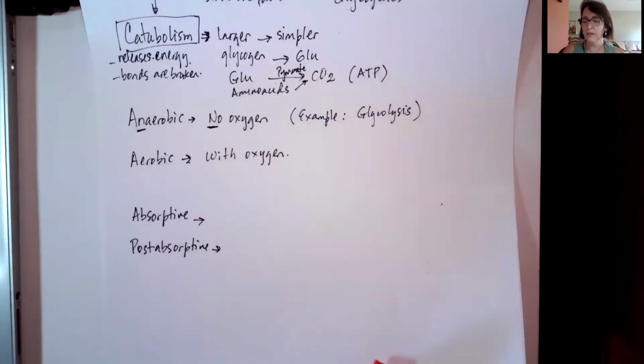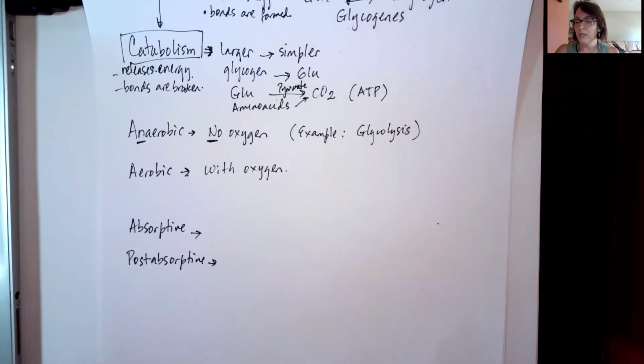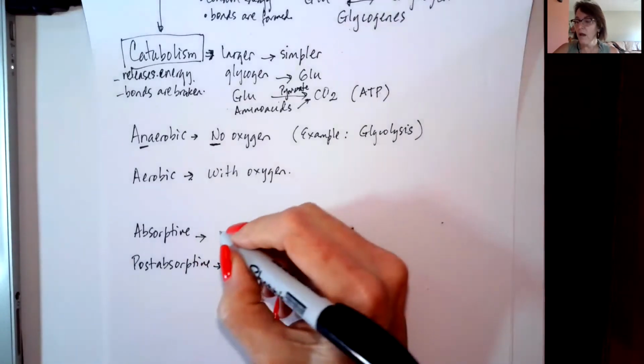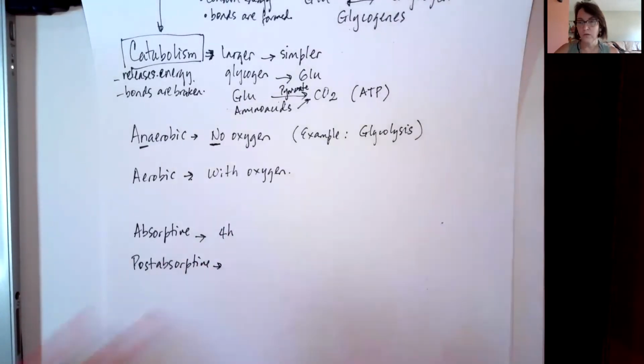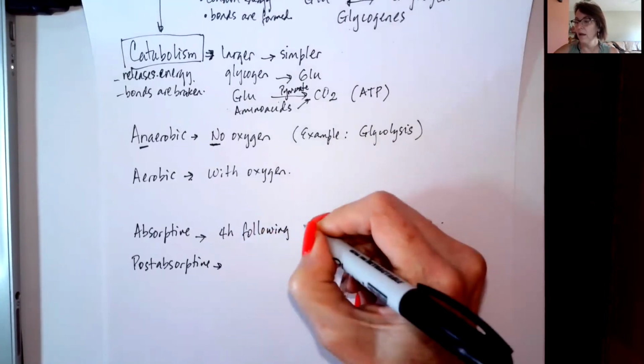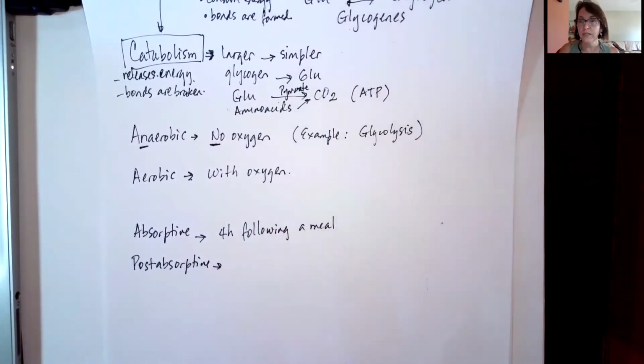And then at the end of the chapter, we also talk about absorptive versus post-absorptive states. This is more related to what happens to your body depending on your metabolic conditions. Right after a meal, around 4 hours following a meal, we are in what we call the absorptive state. So we just absorb all nutrients.